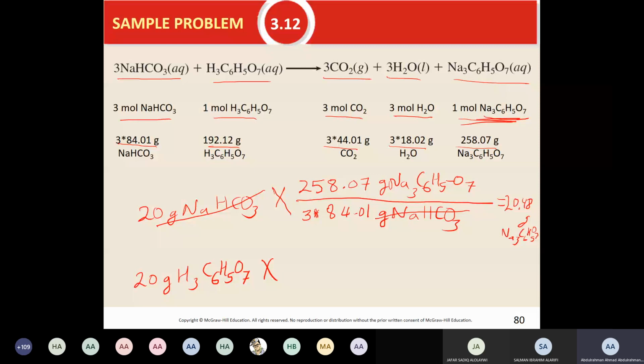Again, what should I write at the top? 258.07 gram Na3C6H5O7, and what should I write at the bottom? 192.12 gram H3C6H5O7.